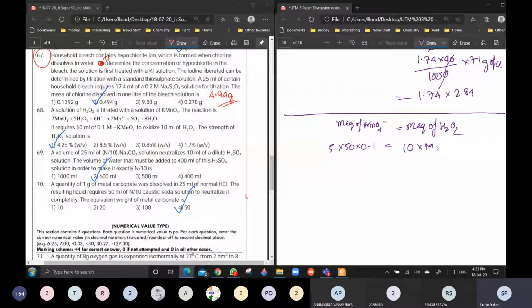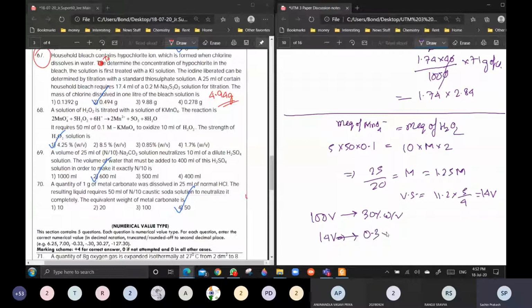Okay, so what is the volume strength? Volume strength will be 11.2 into molarity, which is 5 by 4. So it is 14 volume. So we know that 100 volume has strength of 30% W by V. So 14 volume will have 0.3 into 14, which is equal to 4.2. So answer should be 1.